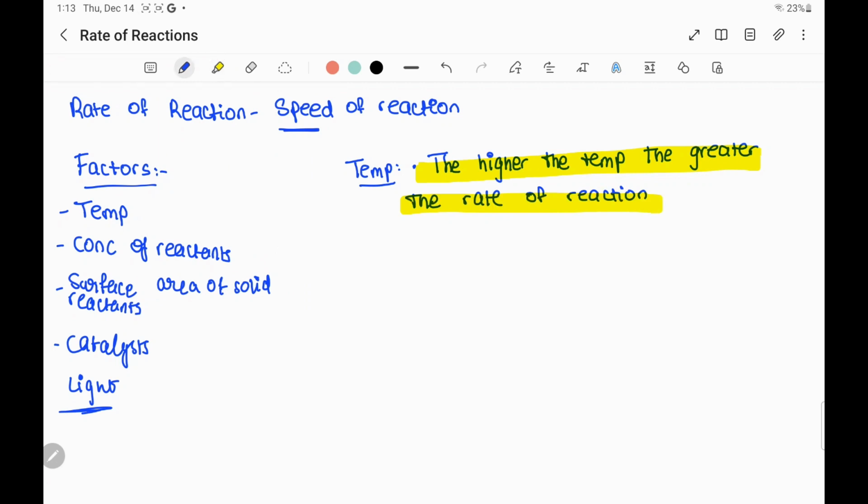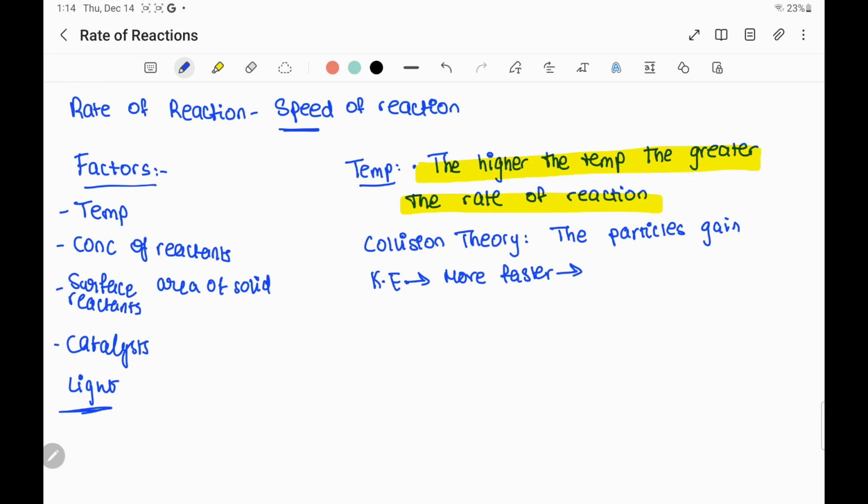Now, why is that? It's because when you raise the temperature, the particles gain kinetic energy, or they gain energy. You can write kinetic energy, you can write just energy, anything is acceptable. When they gain this energy, they move faster.